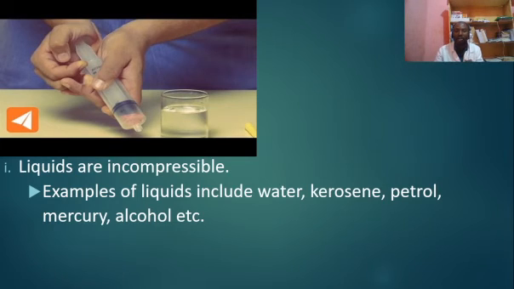Block one end of this syringe here, like this. And then you try to compress the liquid. The liquid will say, no, no, you can't compress me. Interesting. So you cannot compress a liquid. So we say liquids are incompressible.